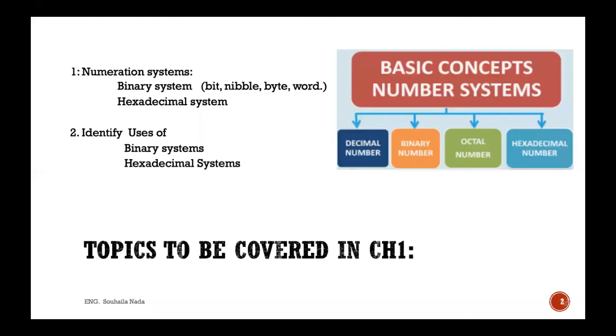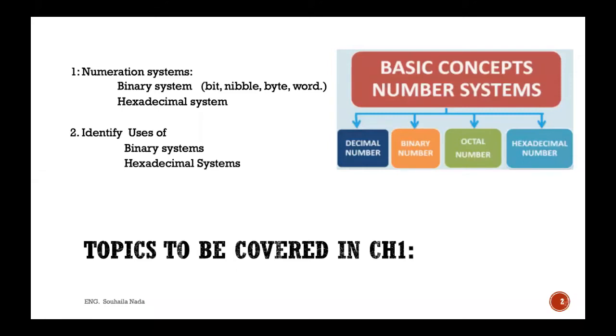Numbering system. What is the meaning of numbering system? In math, they introduce a lot of systems we can deal with: decimal number system, binary number system, octal system, and finally hexadecimal system. In math, yes. So why are we studying it here?